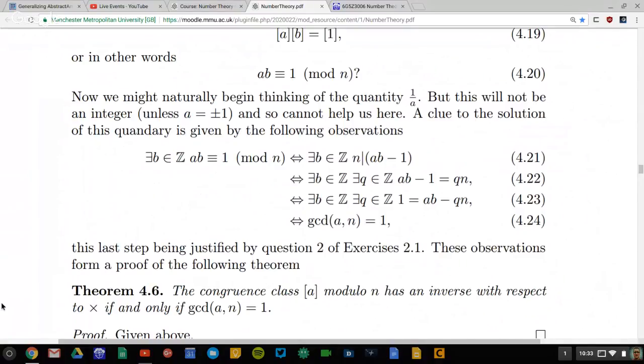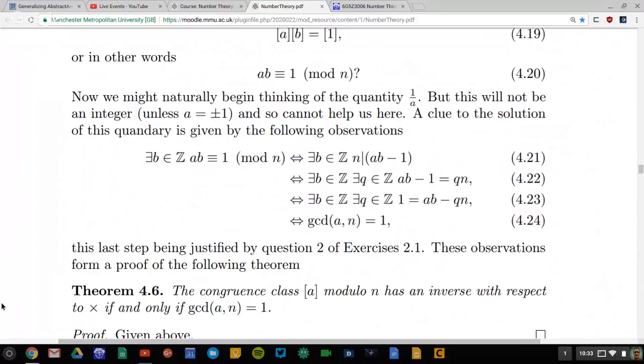And what does it mean that n divides ab minus 1? That's the same as saying there exists a q such that ab minus 1 is q times n.